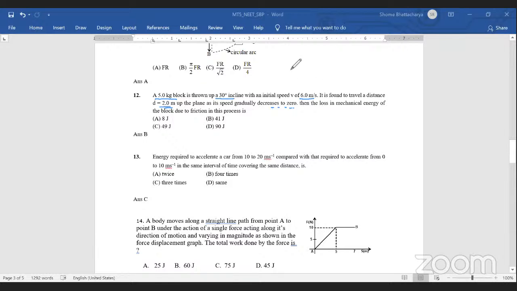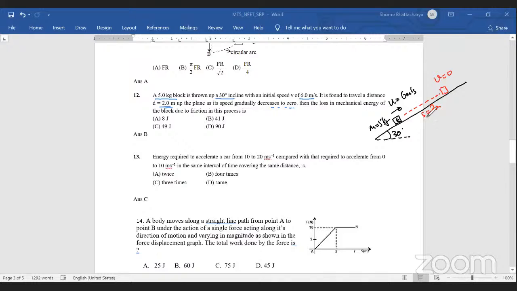So to calculate the work done by friction, what you have to understand here is that your block had an initial velocity of 6 meters per second on this inclined plane of 30 degrees, and its mass is 5 kg. As it goes up, it decelerates and eventually comes to rest after covering a distance of 2 meters.